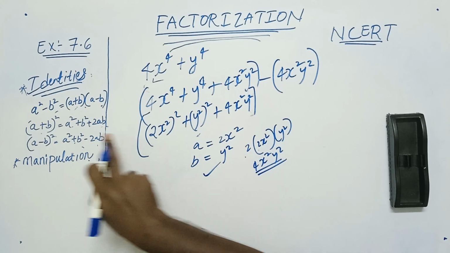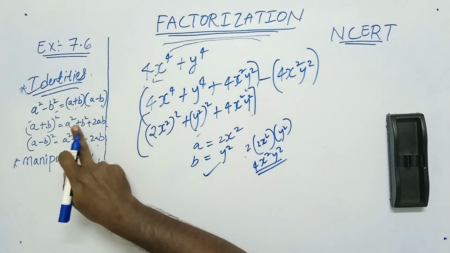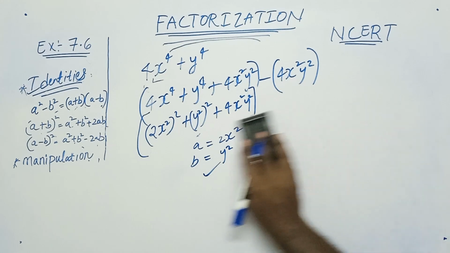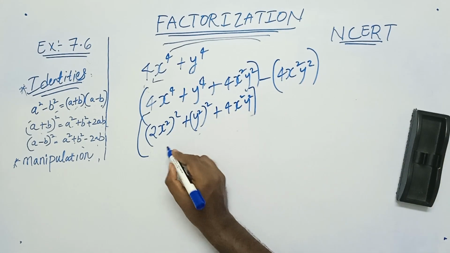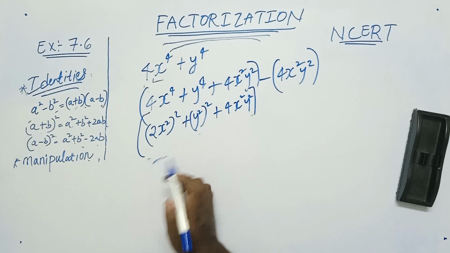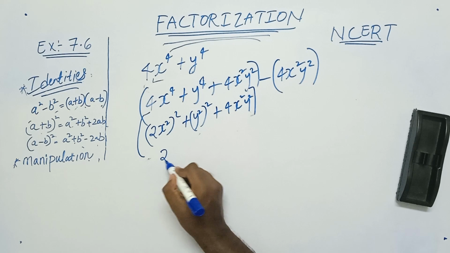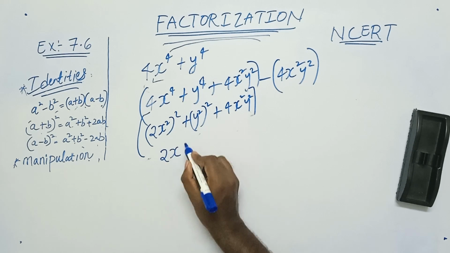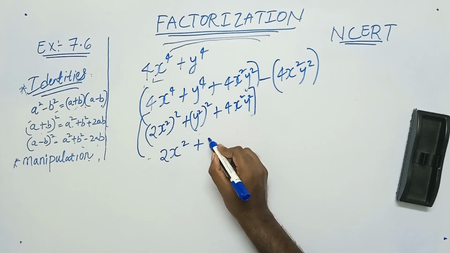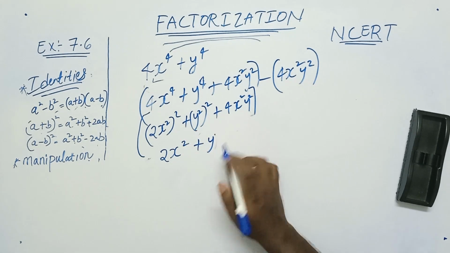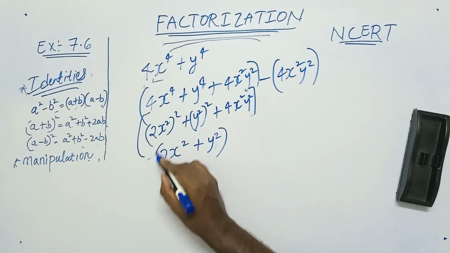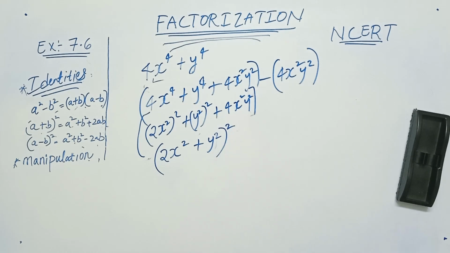So this whole expression resembles a square plus b square plus 2ab. Now we can convert this expression into a plus b whole square, which is 2x square plus y square, the whole square, right?